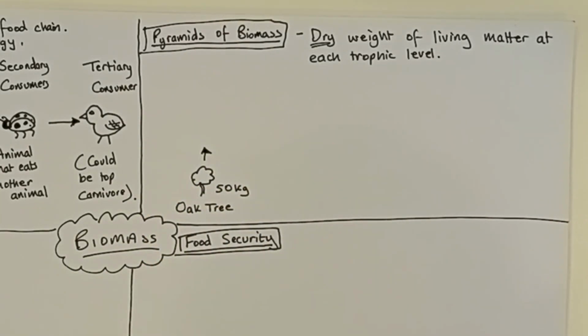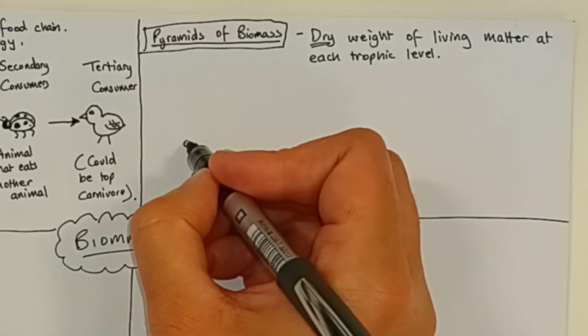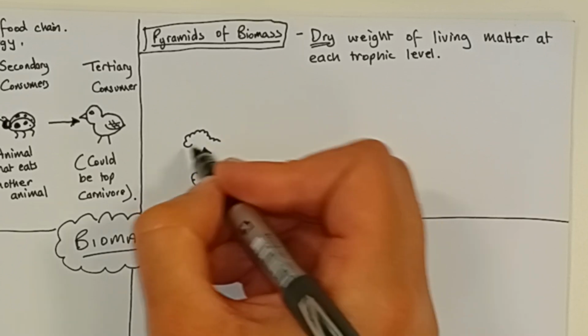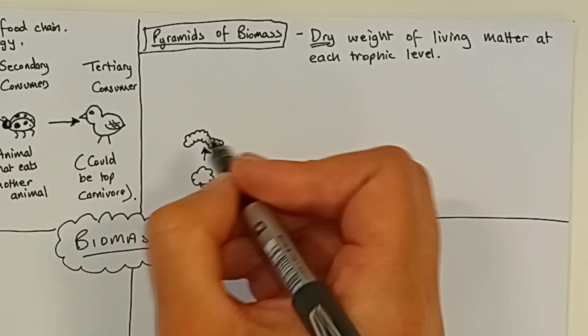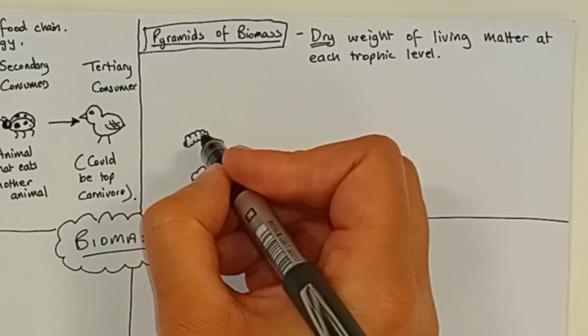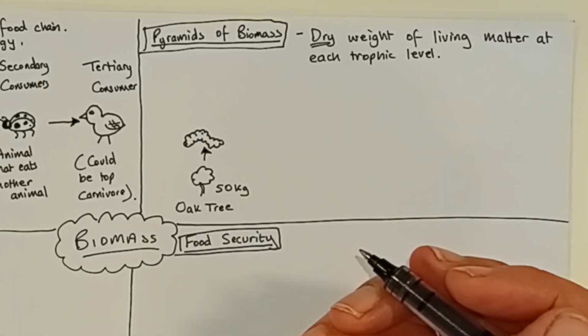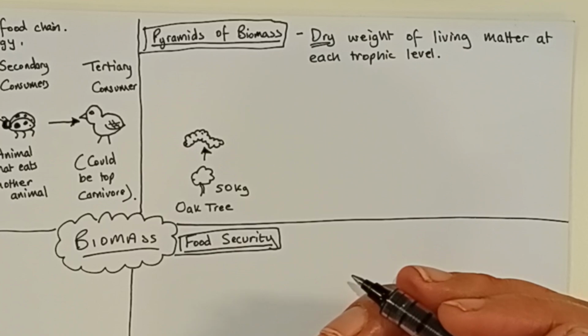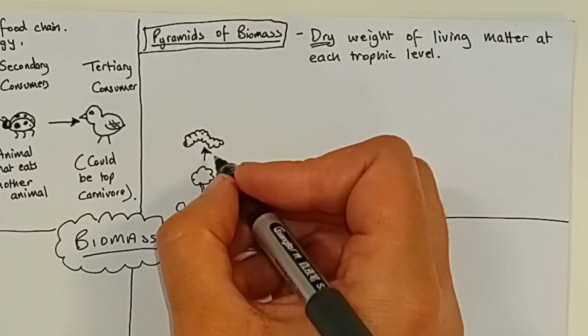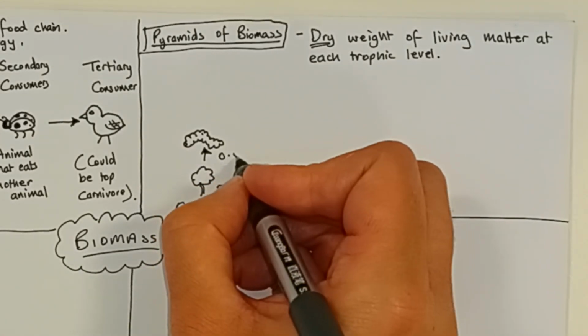Living on the oak tree are caterpillars that eat the oak leaves. Let's pretend that there is 0.5 kilogram of caterpillars.